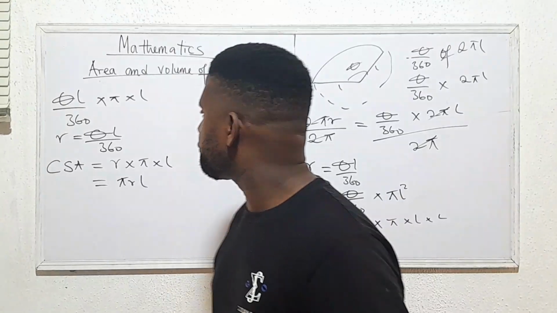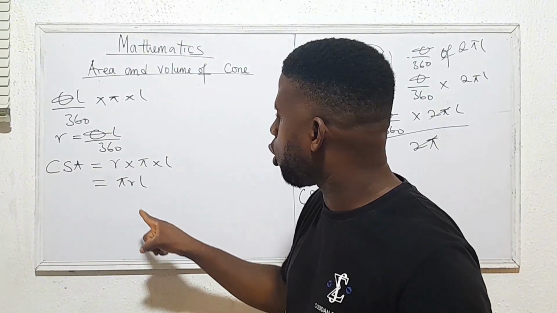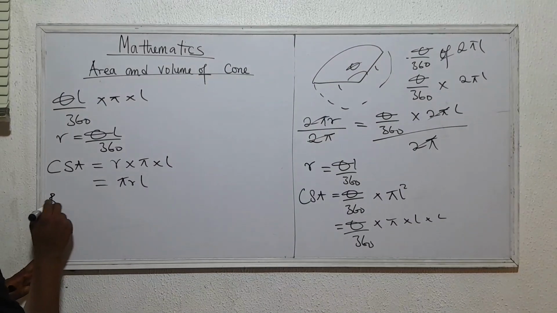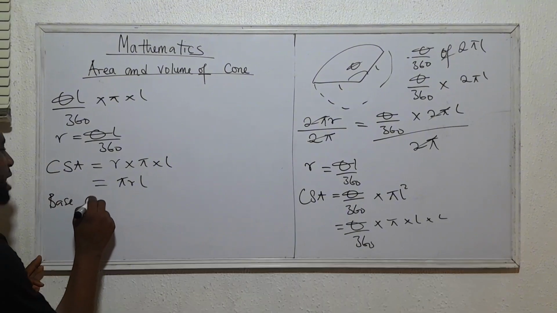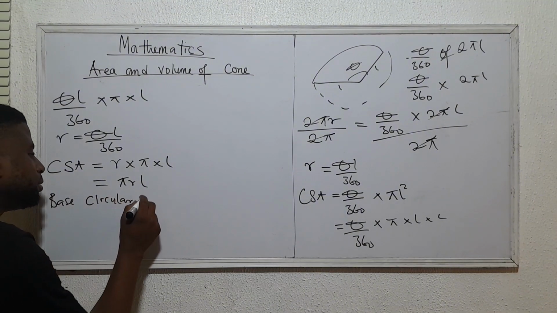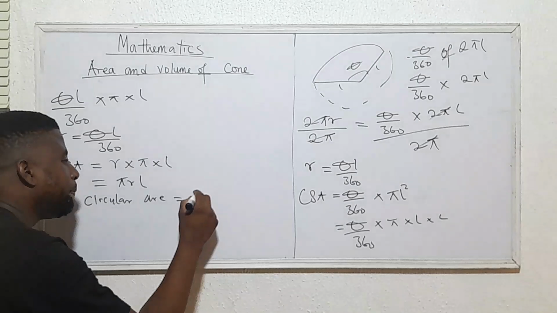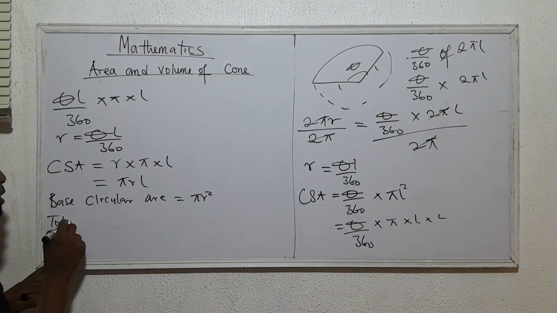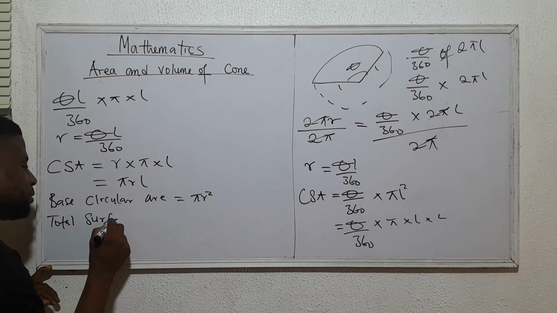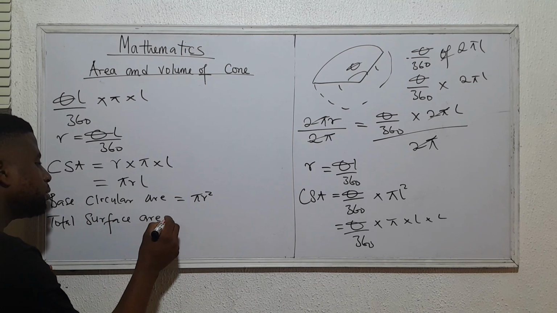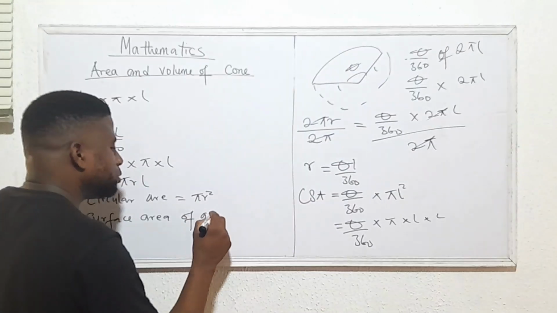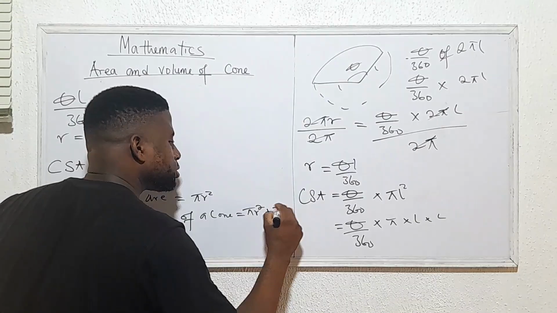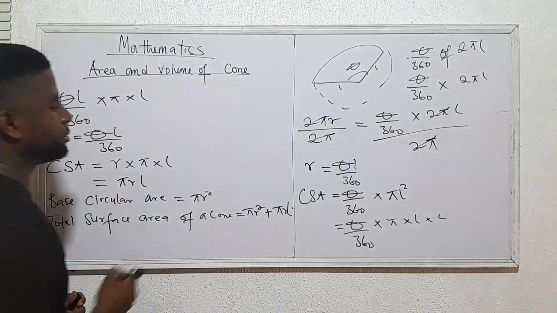Now, if the curved surface area of the cone is pi R L, and the base circular area is pi R squared, it simply means that the total surface area of a cone is equal to pi R squared plus pi R L.